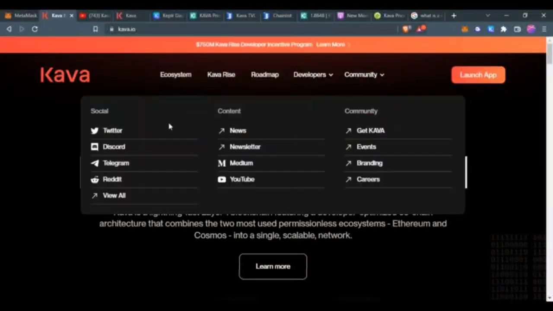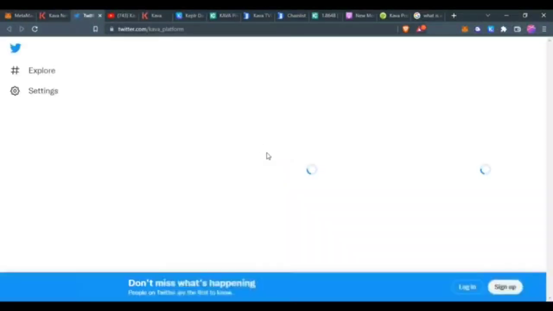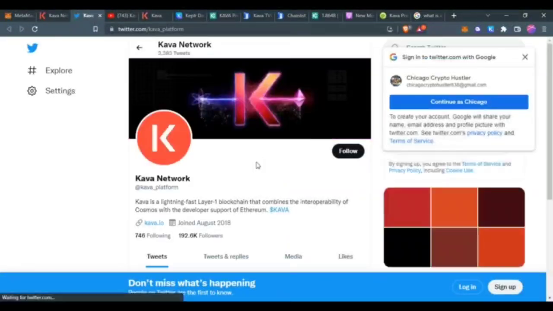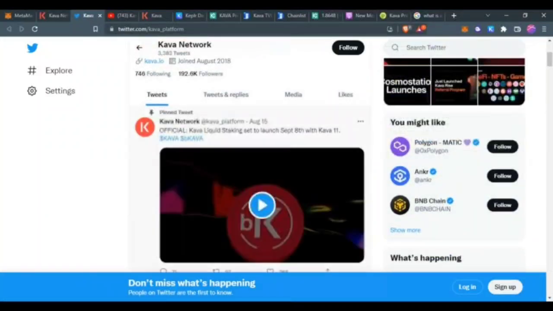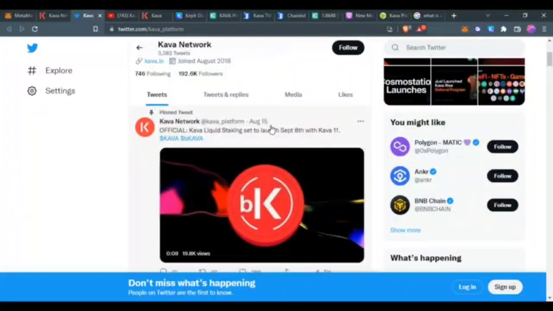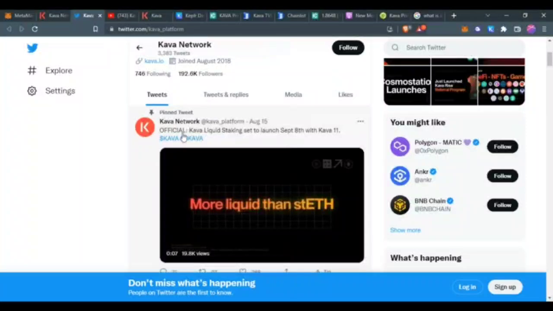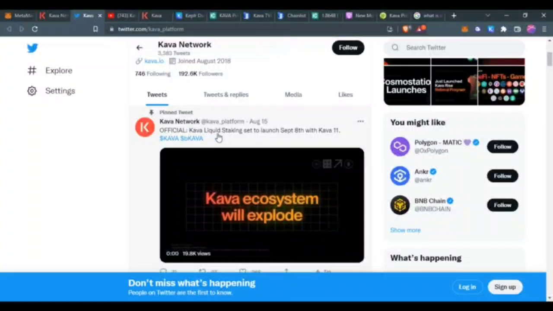In fact, if we go to the Twitter account, we'll see how active they are on Twitter real quick. So August 15th. Okay, so official Kava liquid staking set to launch September 8th with Kava 11. So yeah, we're on Kava 10 right now. And what is liquid staking?